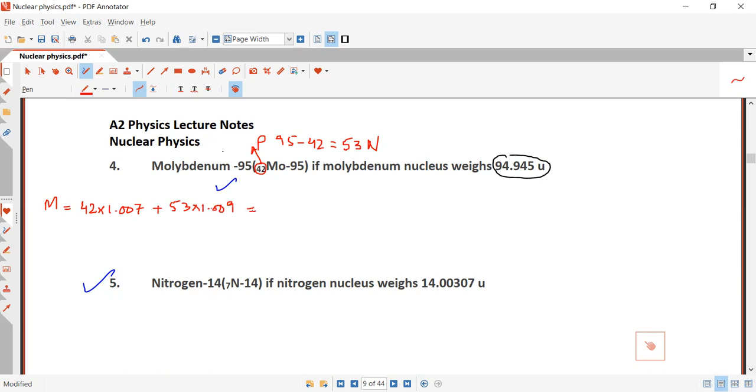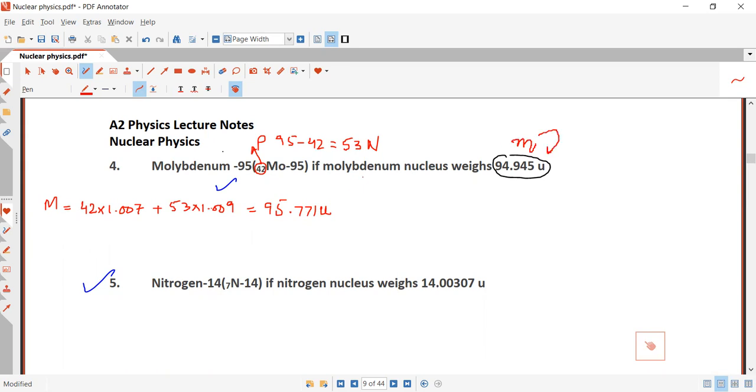So if we do it, this mass is 95.771 U. This is the mass of the nucleons, and the mass of the nucleus is this.